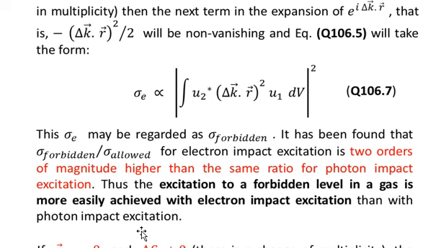If optically that is forbidden, then the only option with us is the excitation through electron impact, because the electron impact excitation has a ratio 2 orders of magnitude greater compared with the photon impact excitation.